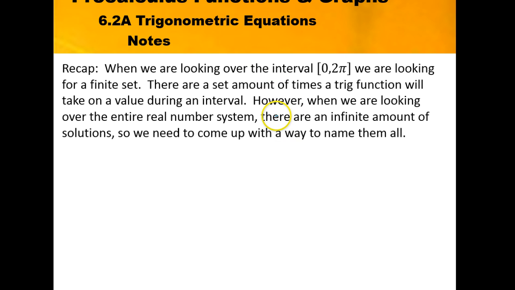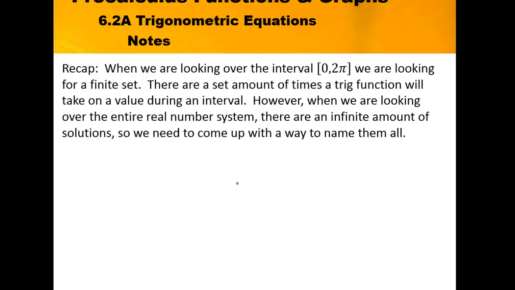For all of these slides and in the book, it's going to be asking for two things. It's going to be asking for what's happening over the whole real system, and also over just the interval 0 to 2 pi. So 0 to 2 pi is a finite set, so that means we're going to have a finite amount of answers. There's going to be a specific amount of times, right?